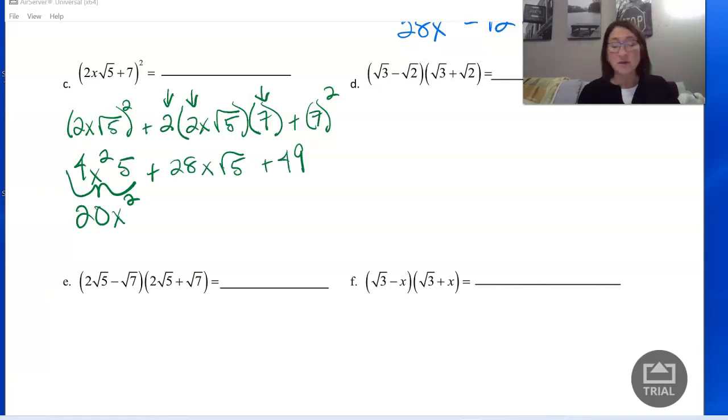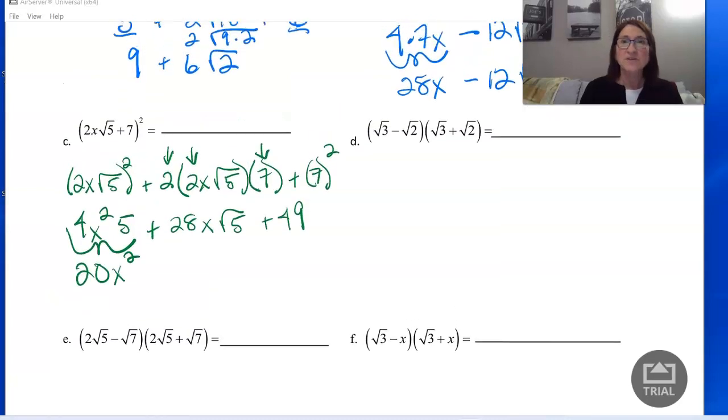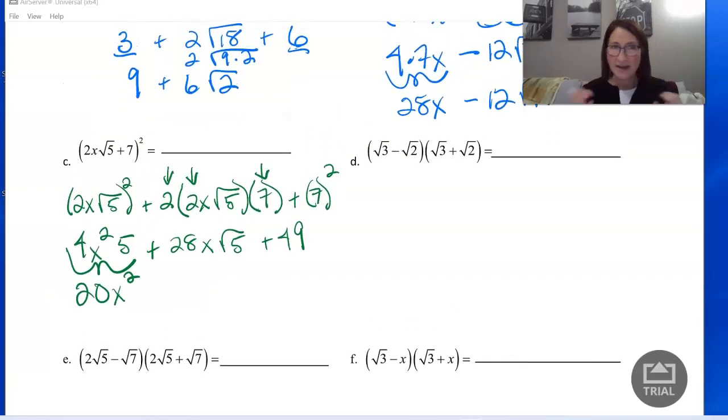Okay, let's go ahead to look at D. So for D, try it again. Pause the screen, do it, and come back. So what you should have done or recognized is that we have the same term as the first term in each binomial, and then we also have the second term in each binomial that's the same.